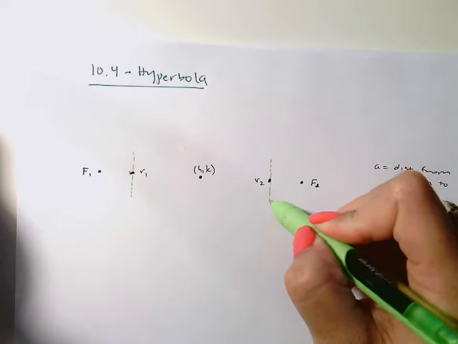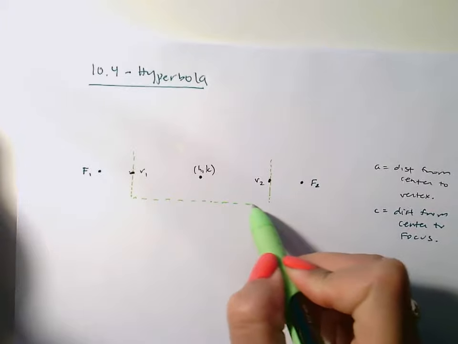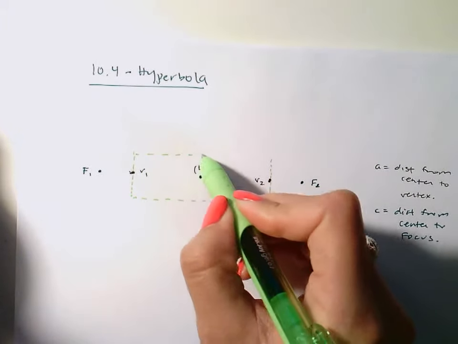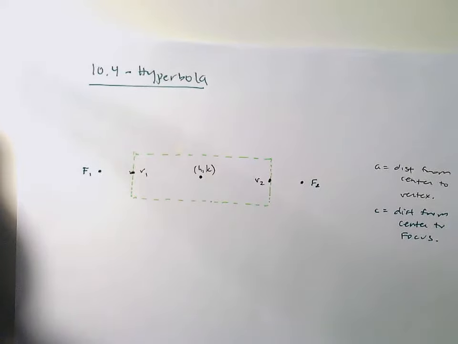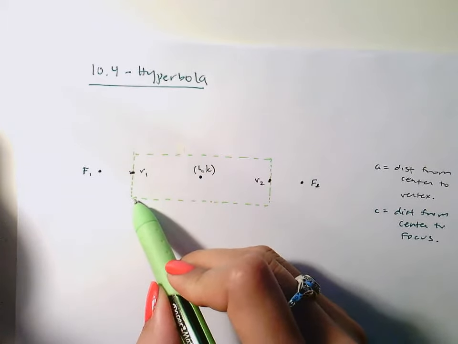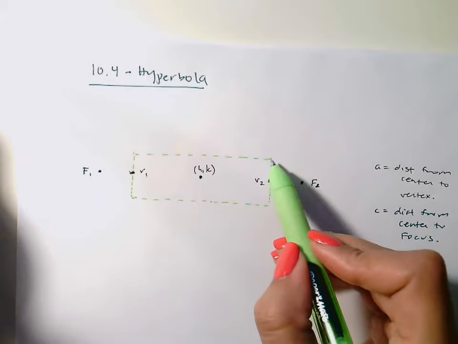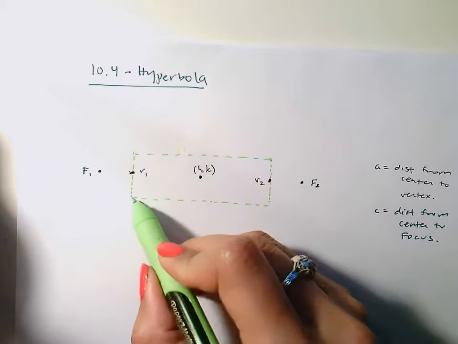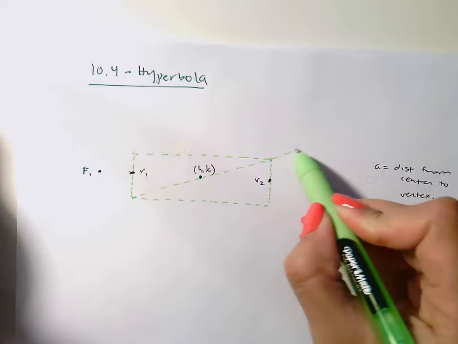So we're going to draw a rectangle touching the vertices. To use this fundamental rectangle, we go diagonal. We touch this corner to the center and then back to this corner and extend it. This is going to help me draw the rest of the hyperbola.